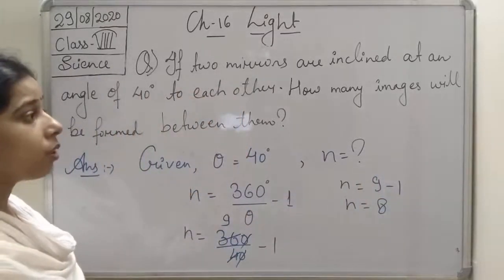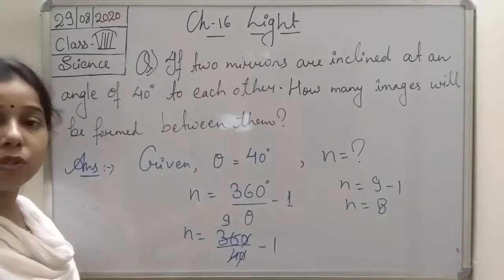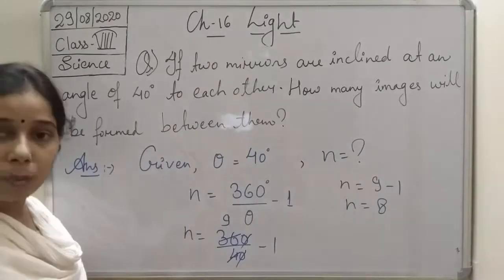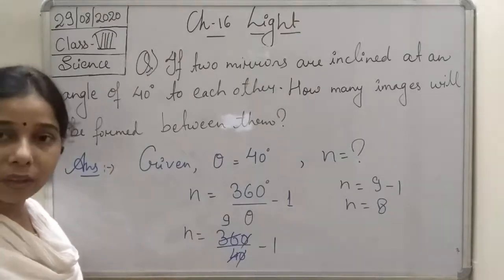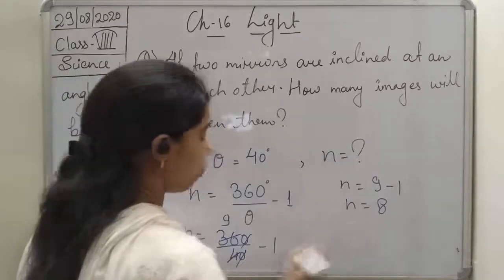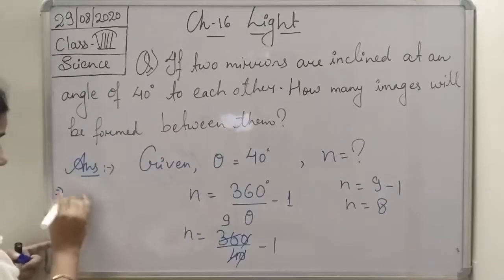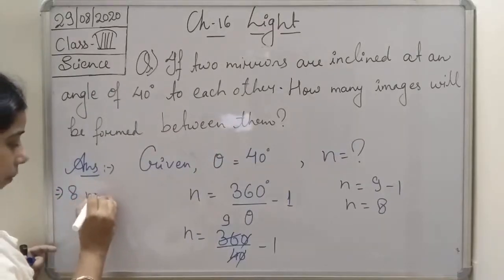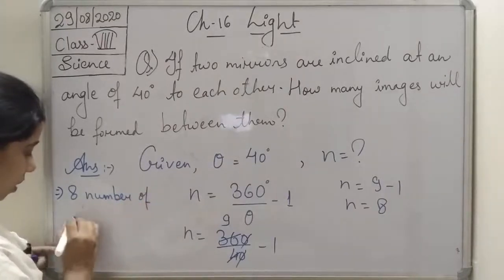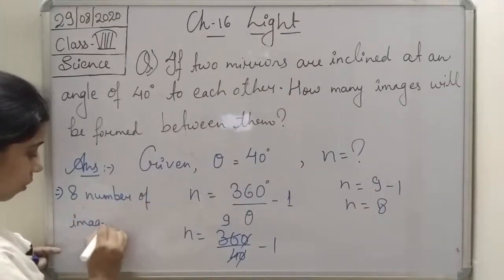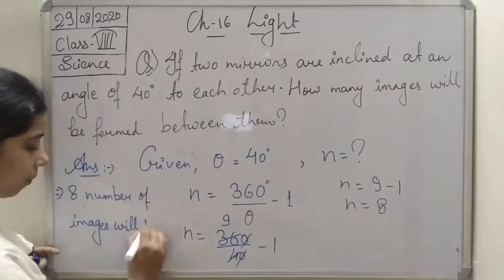So the number of images formed between the two mirrors inclined at an angle of 40 degree will be 8. So we can write here 8 images will be formed.